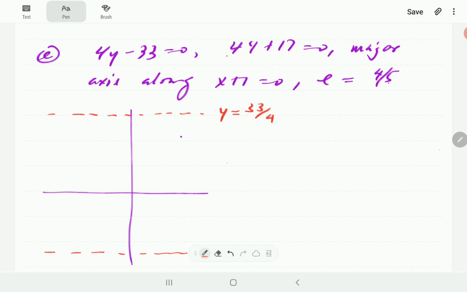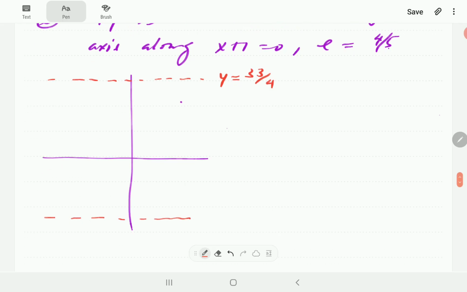The other one is y equals negative 17 over 4. Then the major axis is along x equals negative 1, so that means the center must be somewhere along this line.